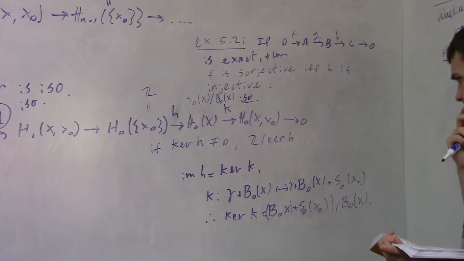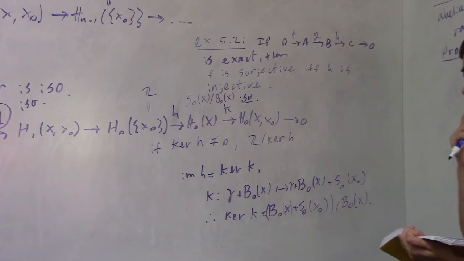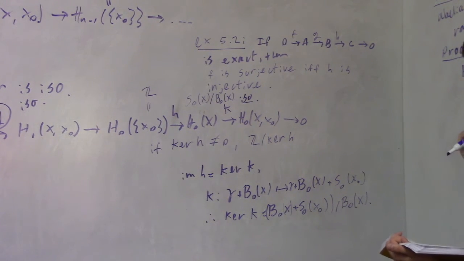So it's saying you can shift the cycle by, of course, a boundary, but also by something in S naught X naught, which is a slightly surprising thing. Mod the boundary though. That's just what's in there anyway.